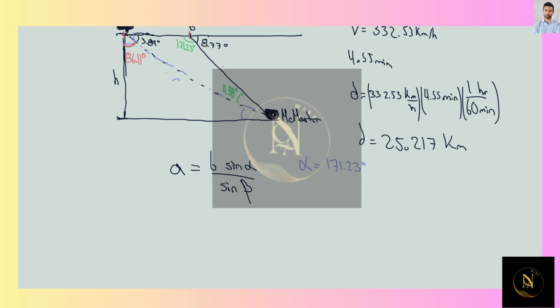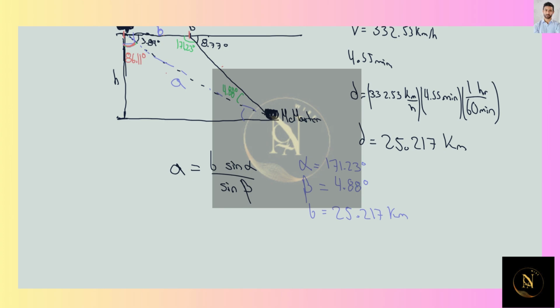In this case, we wish to know the hypotenuse of this triangle. Beta is the angle associated to the opposite side of the one that we know, equal to 4.88 degrees. And finally, B would be the distance that we got, 25.217 kilometers.